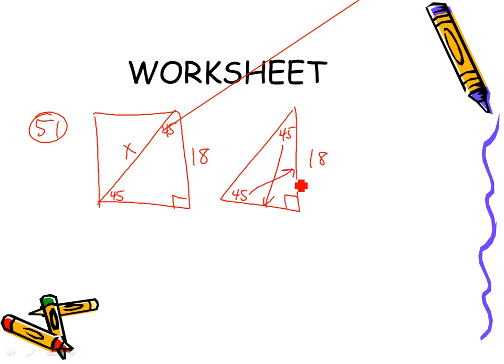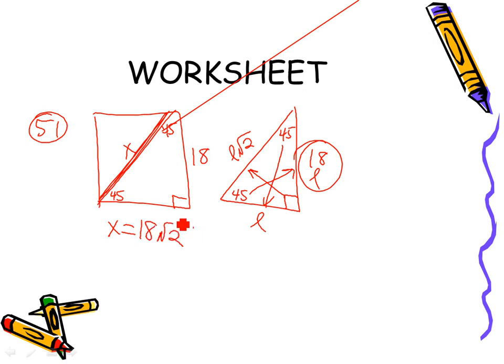Sides across from the 45-degree angle should be labeled L. Side across from the right angle is L times the square root of 2. Well, we know L equals 18, so this diagonal length right here, that's X that we're looking for, has to be 18 times the square root of 2.